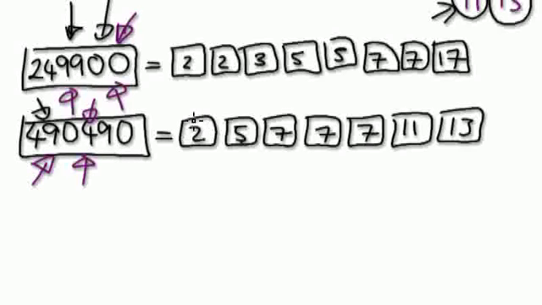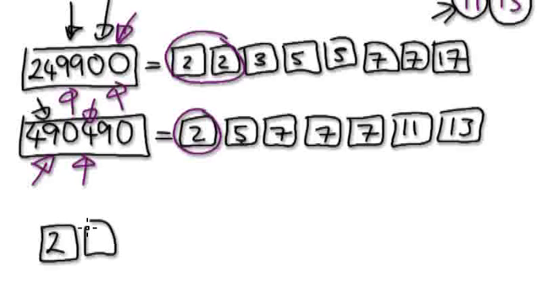Let's look at the first prime, 2. Up here I need two 2s, and here I only need one. So the minimum that I need in my 2 box is two 2s, because then I'd be able to build both numbers.